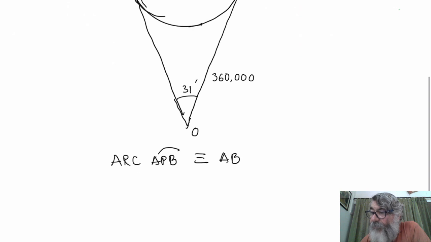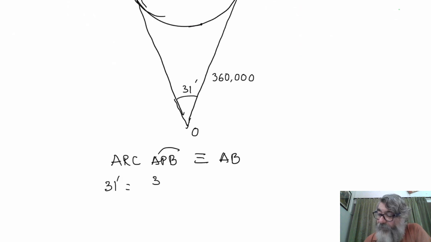First of all, we'll convert 31 minutes into degrees, and then we'll convert into radians, because the central angle should always be in radians. So 31 minutes will be 31 upon 60 in degrees, then multiplied by pi by 180 to convert it into radians.